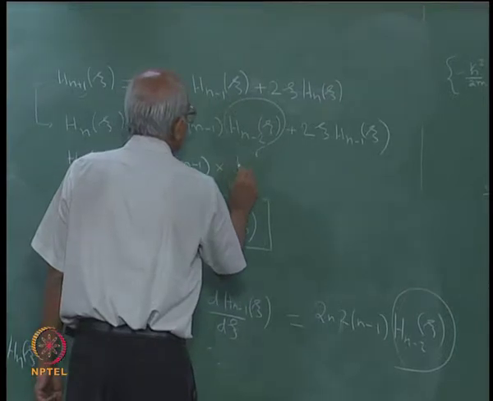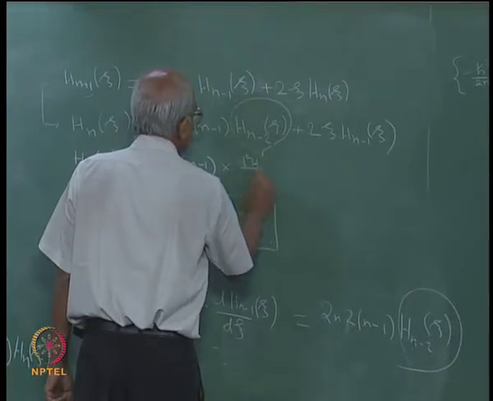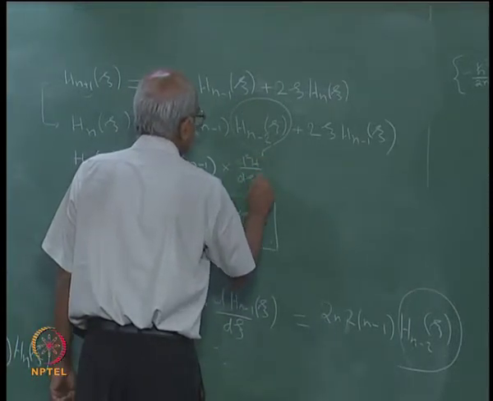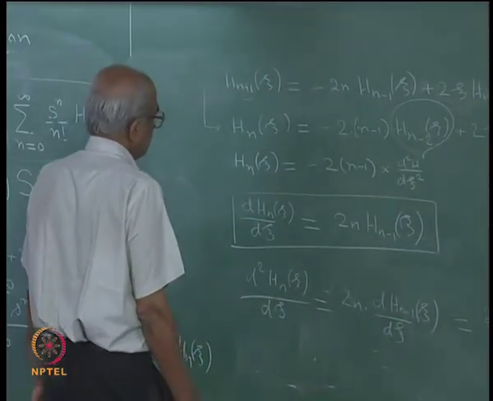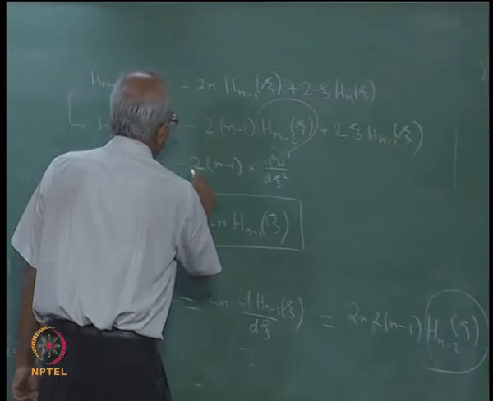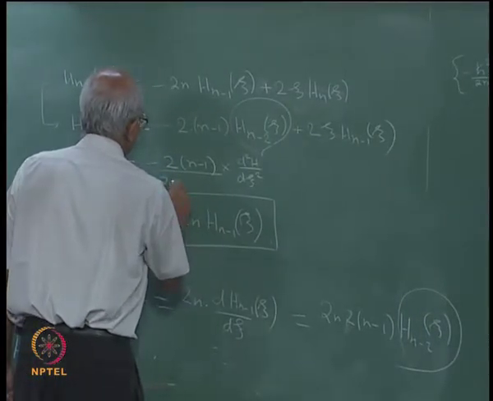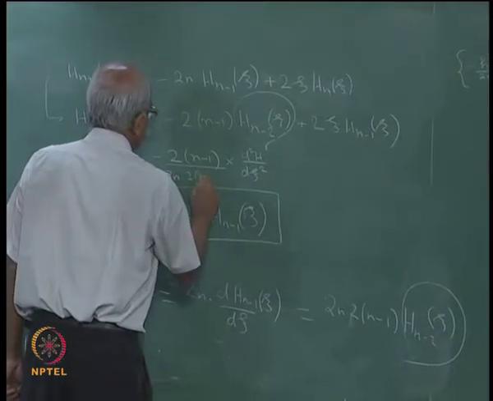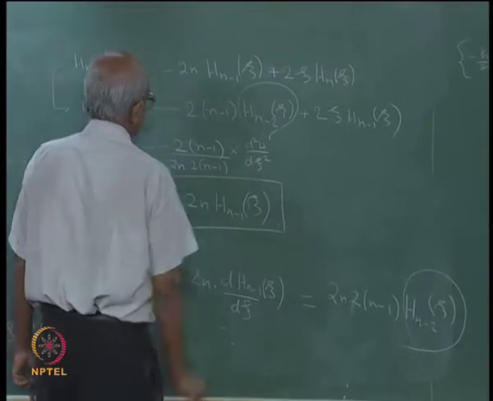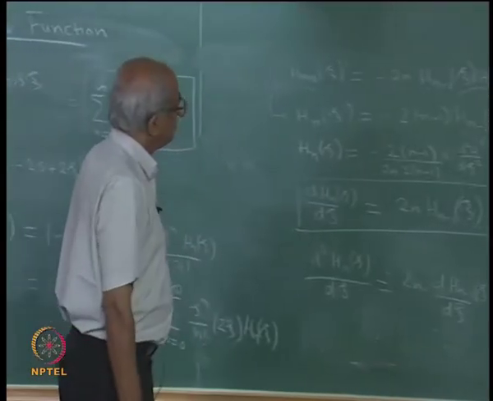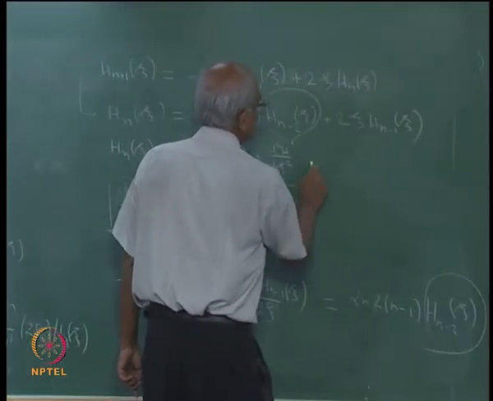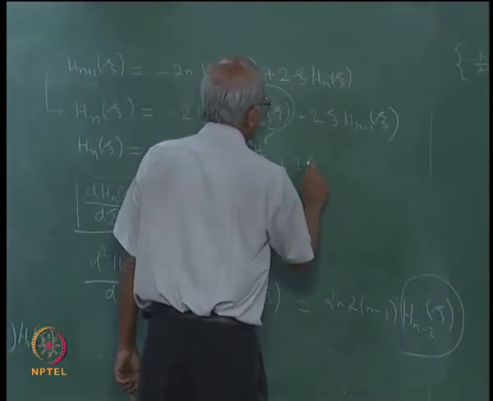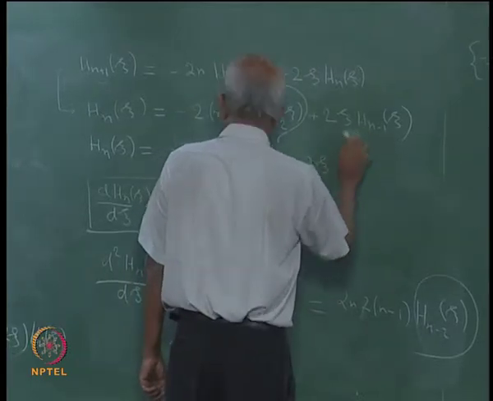So, d square h by d c square divided by 2 n into 2 into n minus 1 plus 2 c h n minus 1.